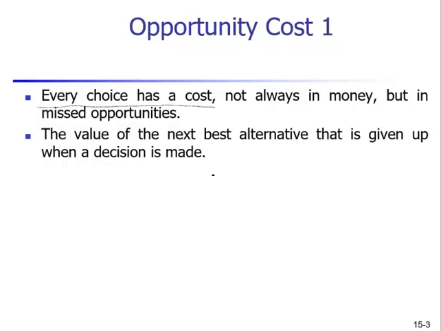Now you may ask, okay, there are, for example, 4 options that I have for decision making. It says that if you go for any of these options you have opportunity cost.